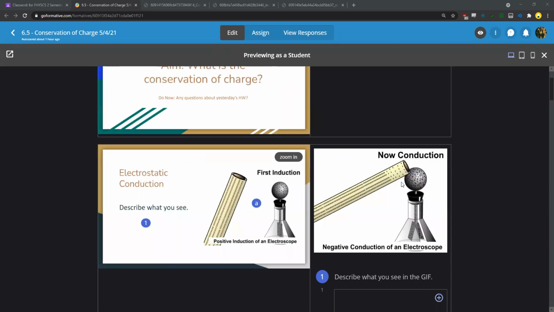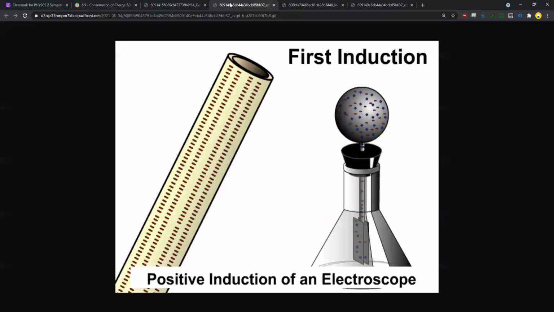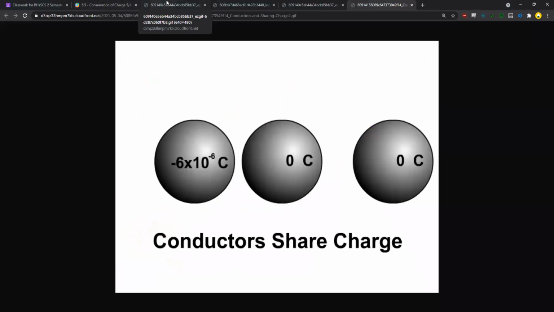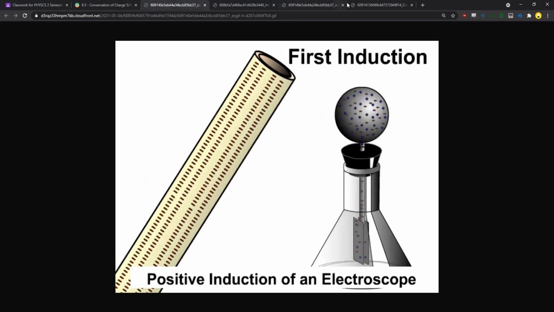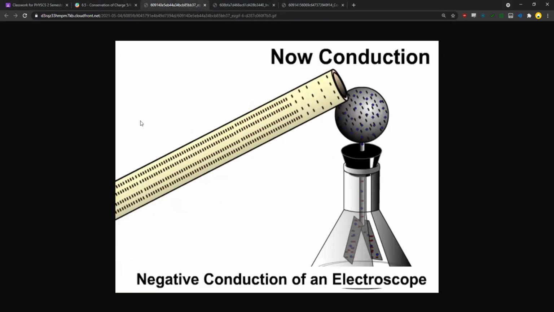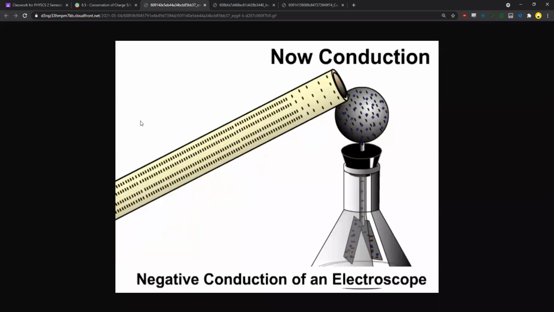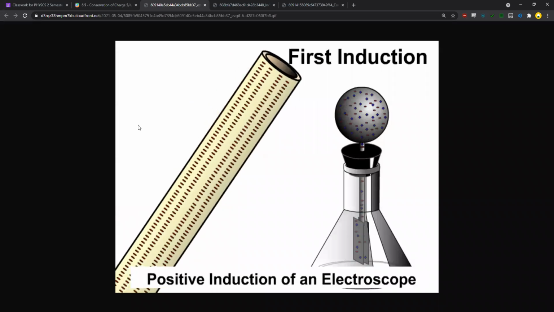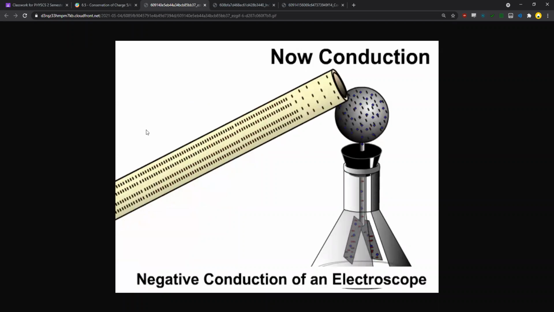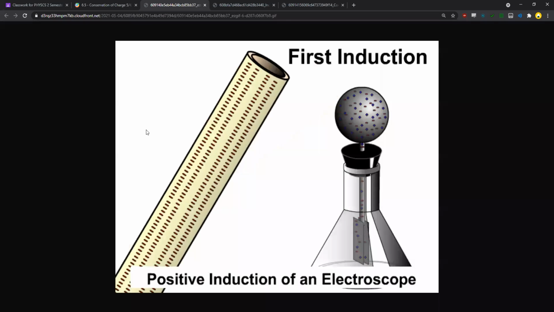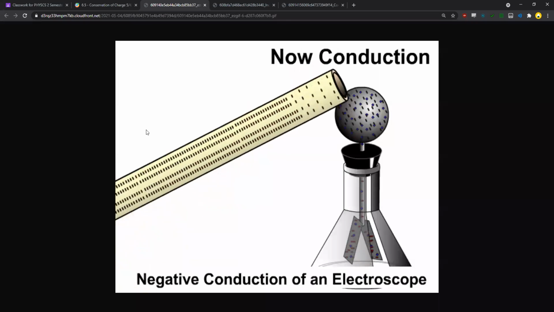Describe to me what you're seeing. The electrons in the sphere repel from the electrons in the rod and move to the bottom. Okay, the electrons from the sphere are repelled by the negatively charged rod.